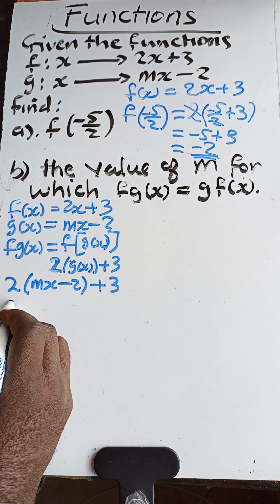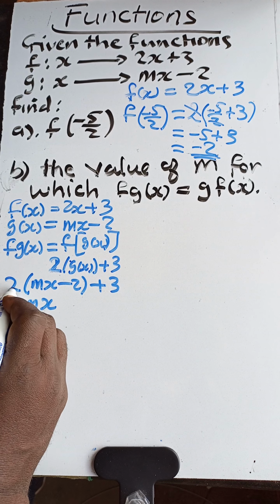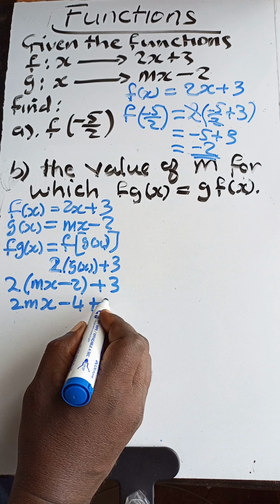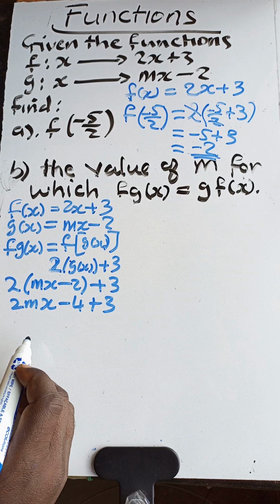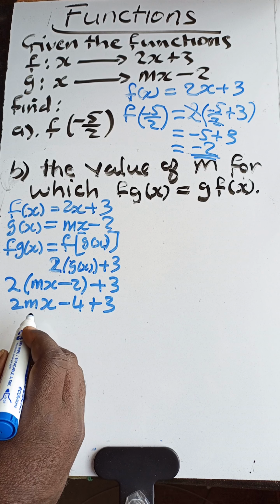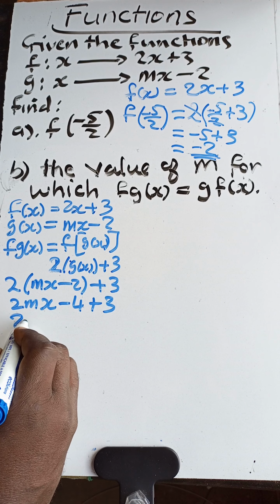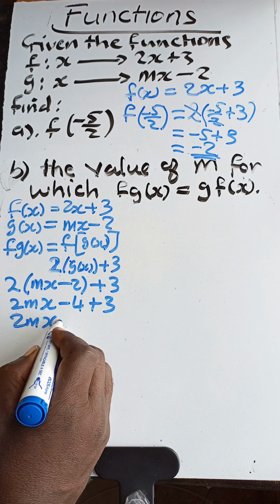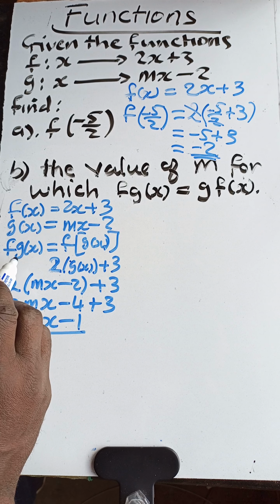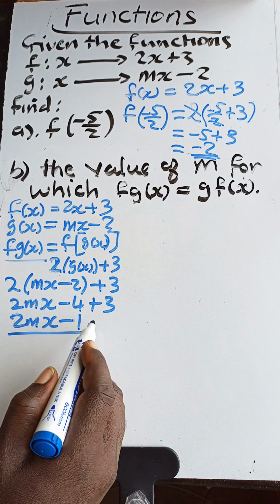Multiply that out, we have 2mx, 2 times mx, 2 times negative 2 is negative 4, and then this plus 3 here has nothing to do with that multiplication. So negative 4 plus 3 is negative 1. So that gives us 2mx minus 1. Okay? That is fg of x is equal to 2mx minus 1.